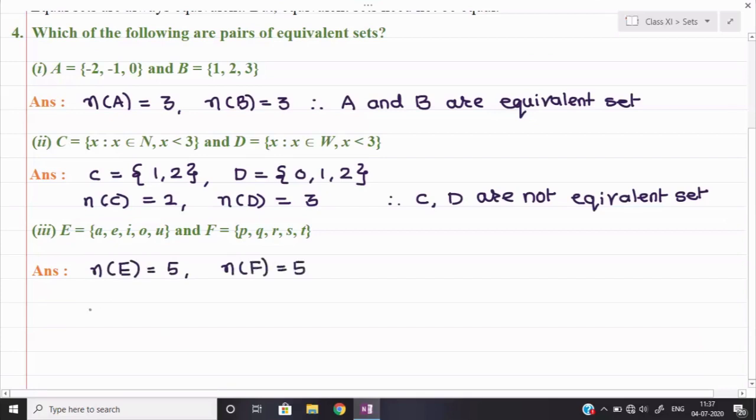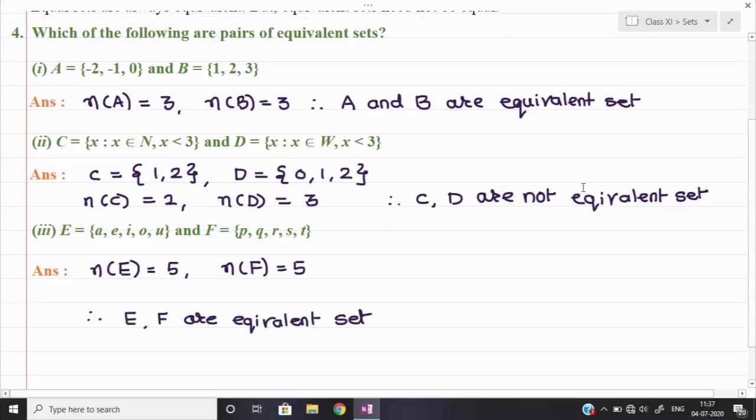So we can say that therefore E, F are equivalent sets.